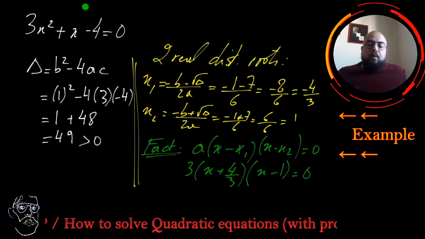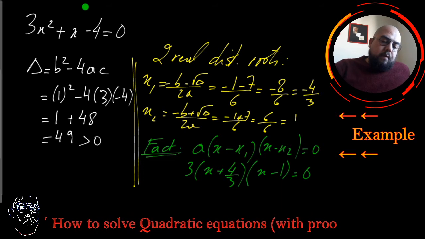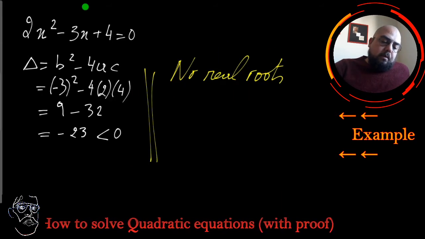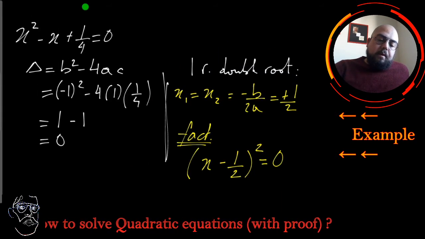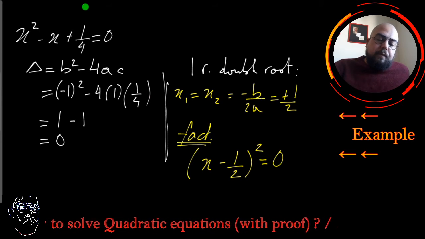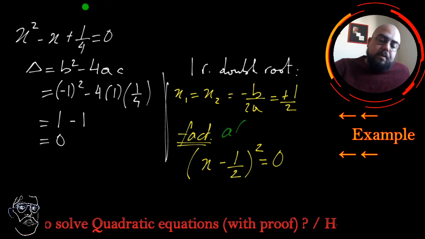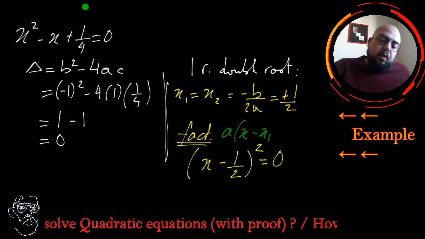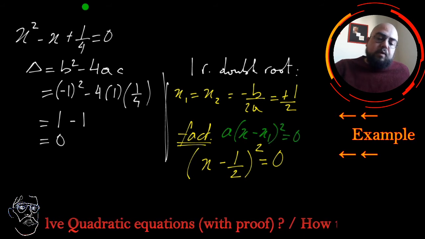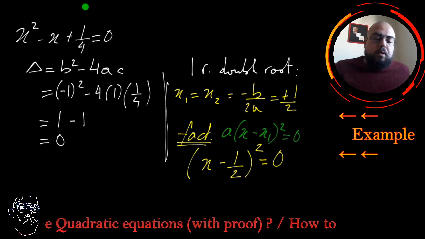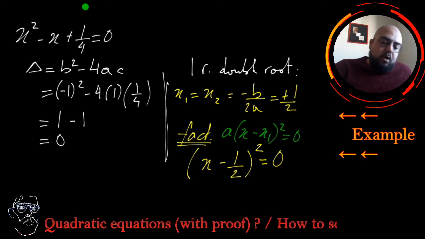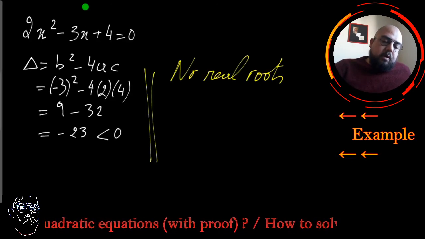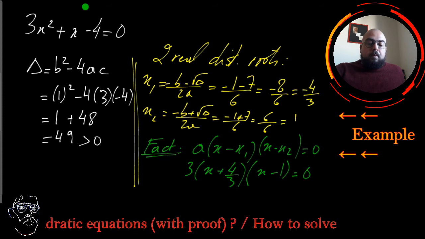This is the factorized form. Even in the form where we had delta equal to 0, the factorized form, you can say it's a times (x minus x1 or x2) to the power of 2, which is equal to 0. Here a was 1, so I didn't take it into consideration, and this is how you factorize each form.